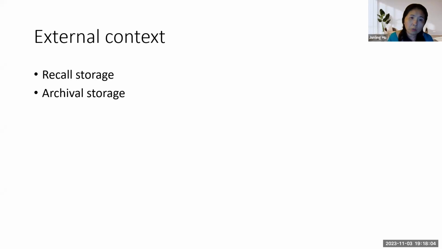External context includes two parts. One is called recall storage, which is something this user was interested in and discussed earlier, or yesterday, or last week. And then what we call archival storage, which could be a huge collection of all the geographical research or articles. Then we should be able to access all of them and bring that up to the working context dynamically. So that's what the author proposed.